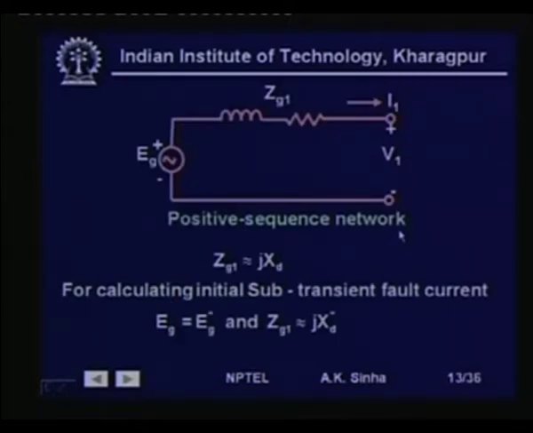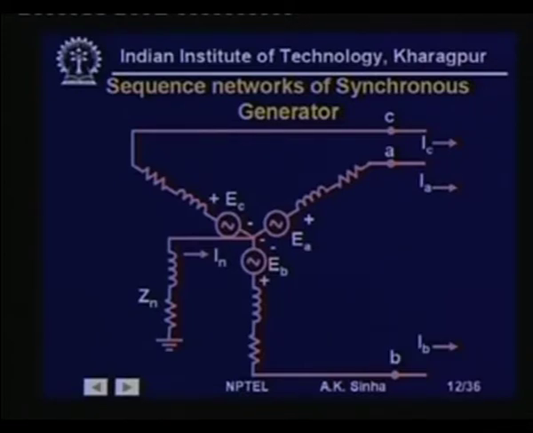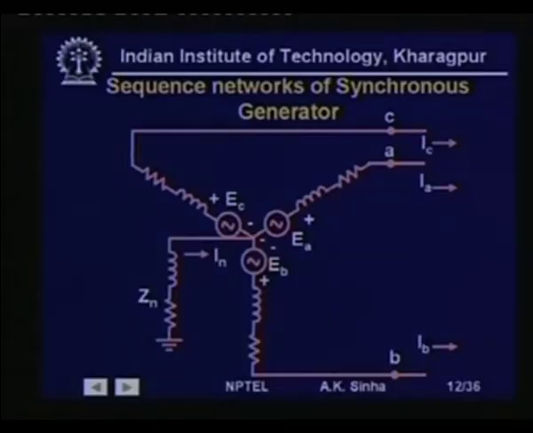Now, we can build the sequence network model for the generators. Since the generator is designed to generate positive sequence voltages by the rotation of the rotor with the field winding excited, the voltages in all the three phases which are generated are equal in magnitude and 120 degree out of phase, and having the phase sequence same as the direction of rotation of the rotor, which is in this case shown as ABC phase sequence.